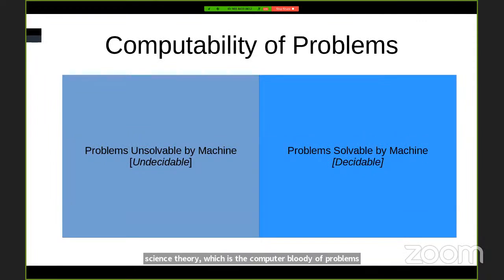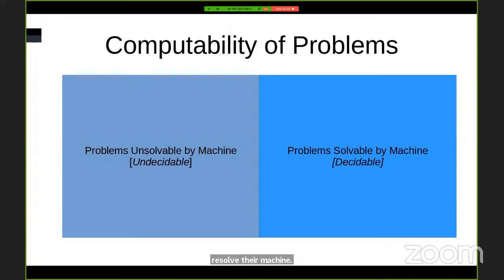So if you have problems, you can now put them into 2 classes: problems that can't be solved by machine, and problems that can be solved by machine. And we use technical terms for them. Undecidable problems are those that cannot be solved by machine, and decidable problems are those that can be solved by machine.